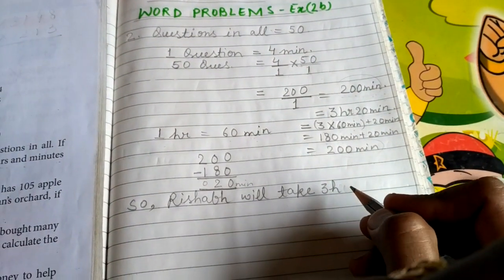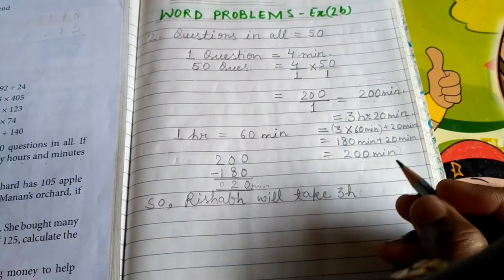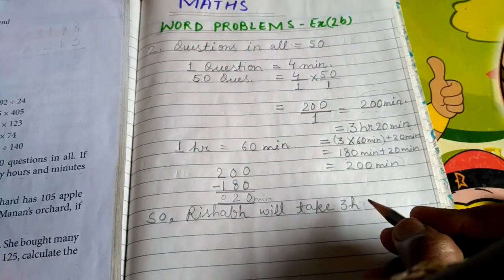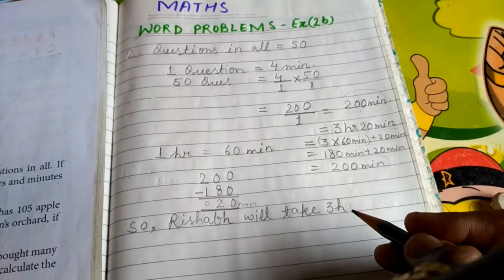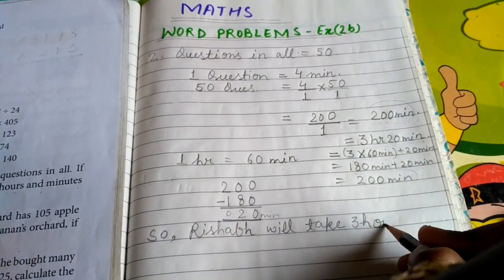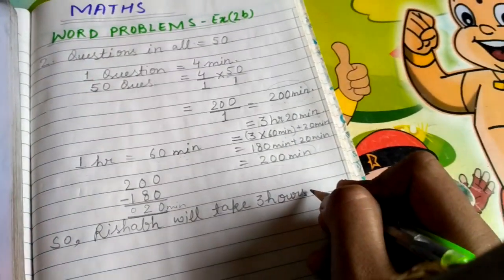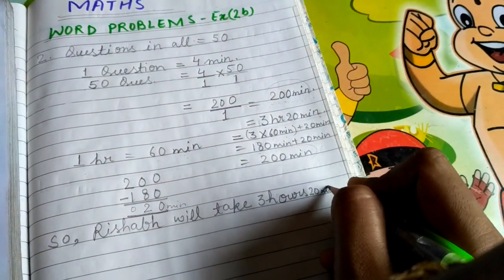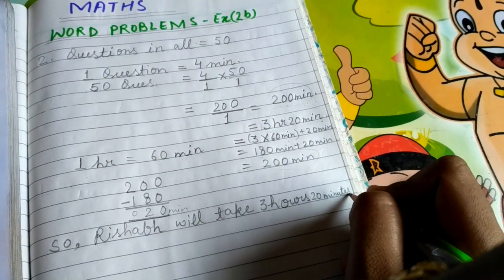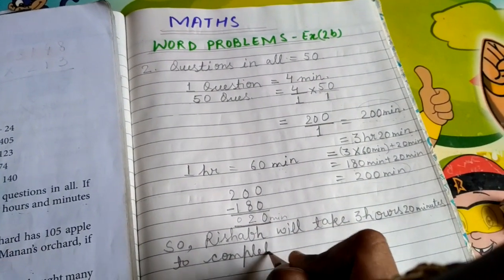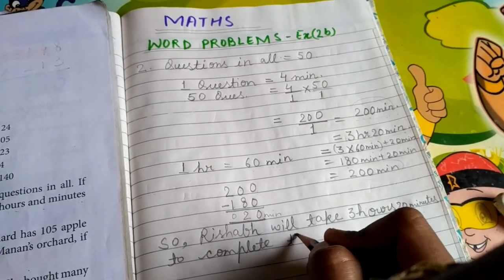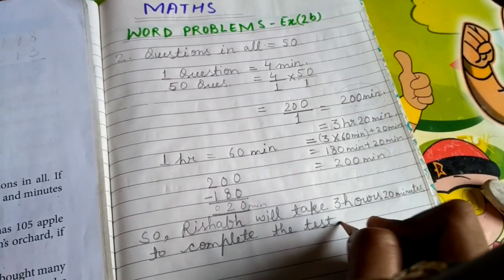Because you kids are small now. Later on in higher classes, you could use the short forms and all that. But right now, I will suggest that you write the complete terms. Okay. 3 hours, 20 minutes to complete the test.